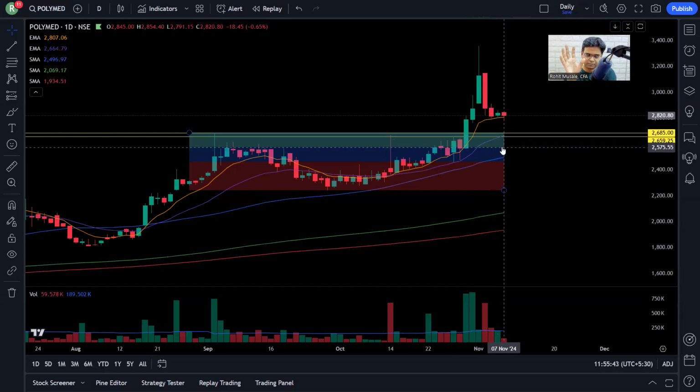Now remember, as a swing trader, you should never hold on to a stock which has closed below the 21-day exponential moving average. So that's your main line. So as a swing trader, you could choose to be in a stock without selling a single share as long as it remains above the purple line. As a positional trader, you could choose to remain in a stock without selling a single share as long as it remains above the blue line.